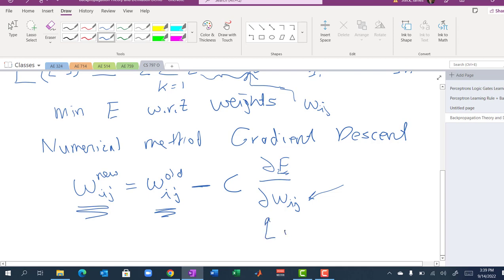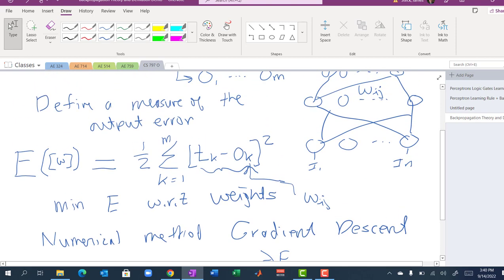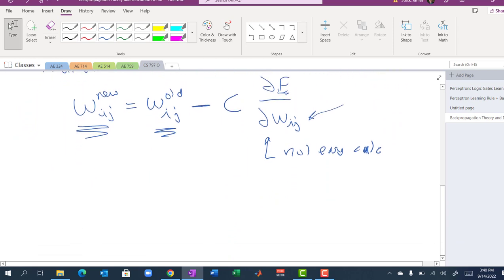This is not easy to calculate, because the error depends upon the outputs, and the outputs depend upon outputs of other neurons in hidden layers until we get down to the point where the weight actually shows up in the formula. So really, backpropagation is a form of the chain rule for differentiation.